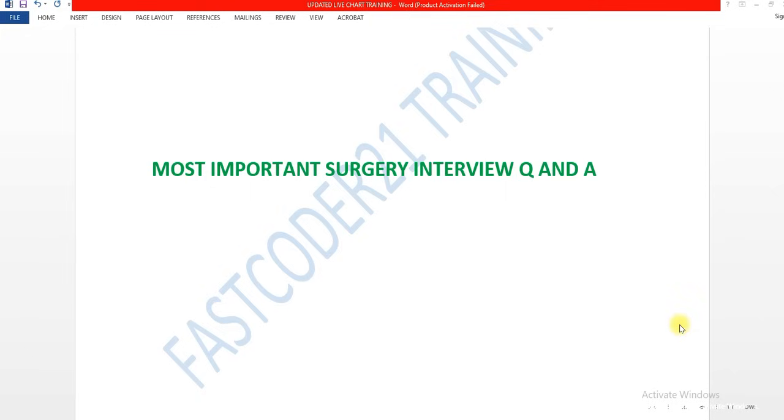So what is TRAM flap? Transverse rectus abdominis myocutaneous flap. So what is supercharging in the breast procedures?